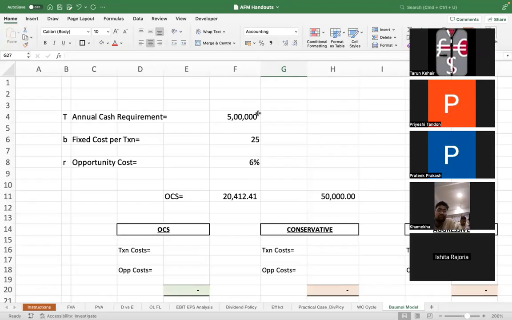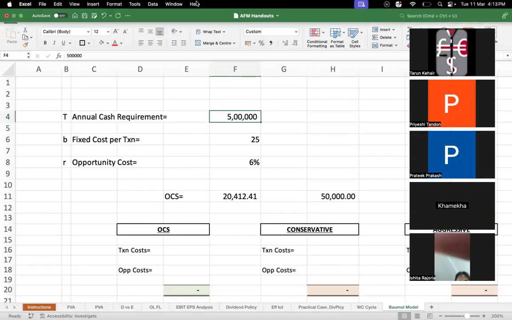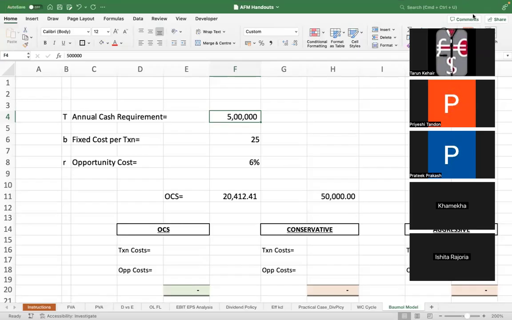So we are discussing the Baumol model, and this is the problem that we have on the screen. There is a firm that has an annual cash requirement of 5 lakh rupees, and every time it breaks an investment, it incurs a fixed cost of 25, and there is an opportunity cost of holding cash of 6%.